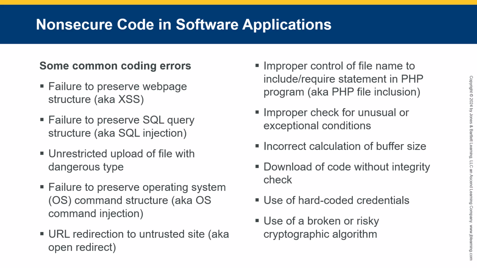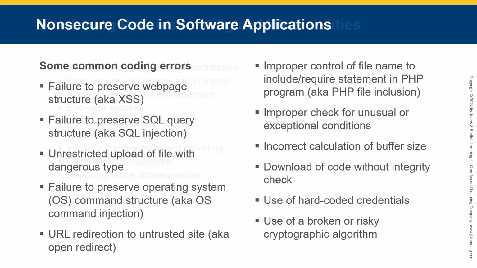Sadly, there are websites out there that still have hard-coded credentials and make them way easier to exploit. Lastly is the use of broken or risky cryptography algorithms, i.e. old crypto systems that are easier to break yet are still out there in use. Again, you want to avoid all of these. These are all pretty common and on the OWASP top 10 that you should be mitigating against.